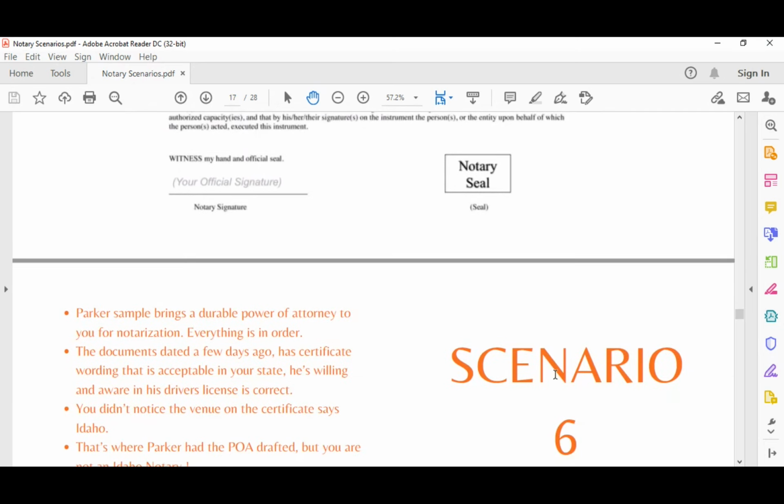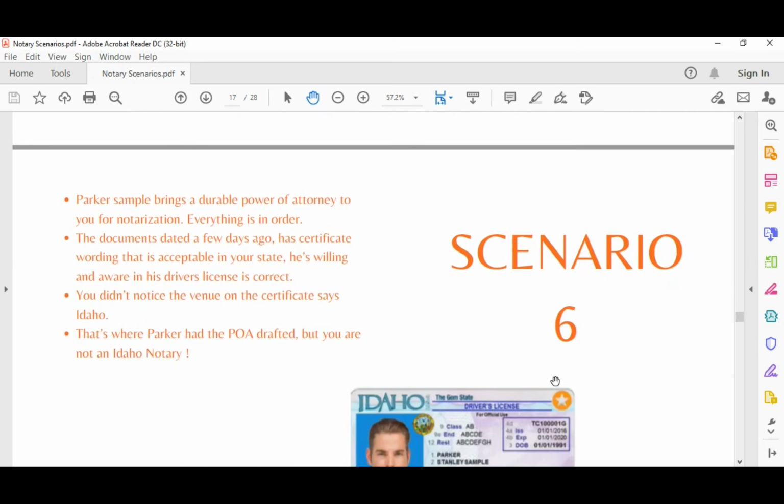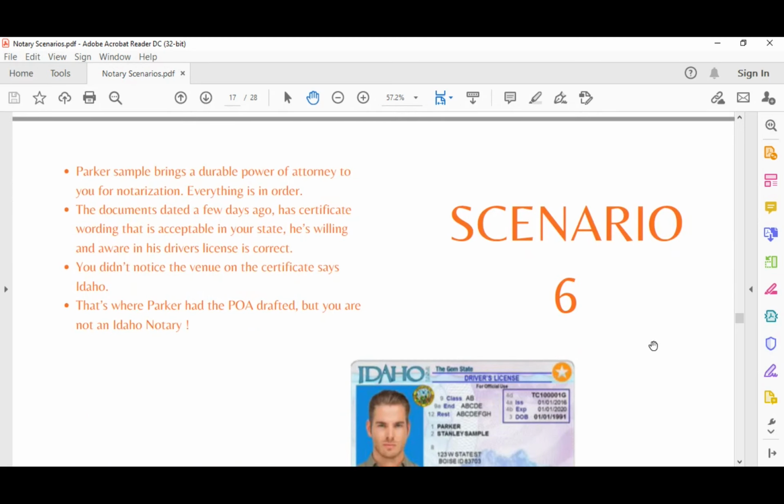All right, next scenario. We are almost through, but I hope that you guys are getting some good information with what I'm sharing. Parker sample brings a durable power of attorney to you for notarization. Everything is in order. The document's dated a few days ago, has certificate wording that is acceptable in your state.